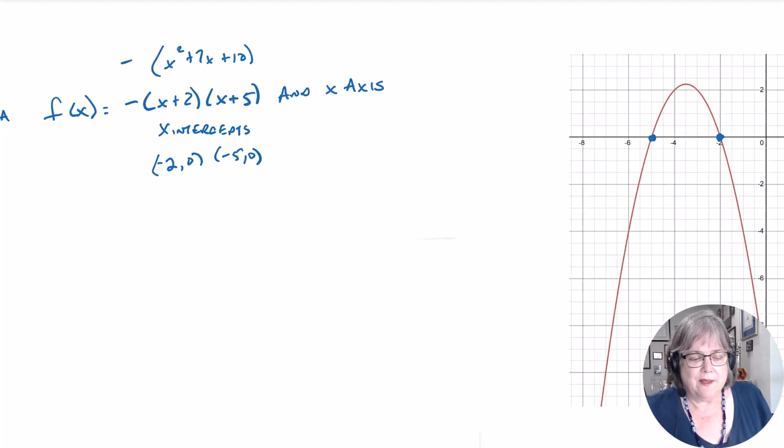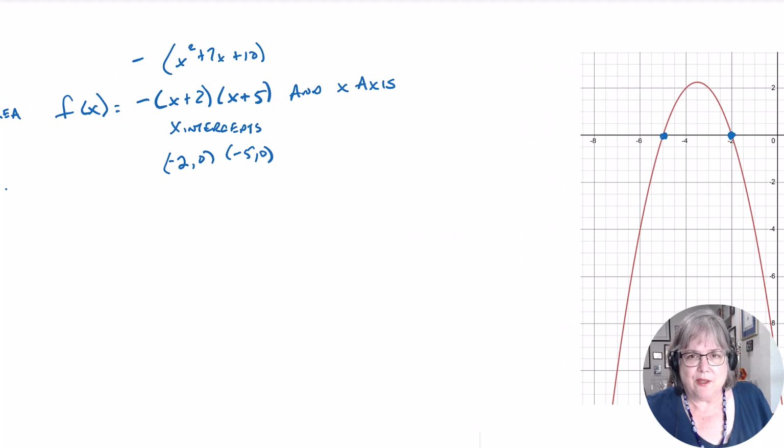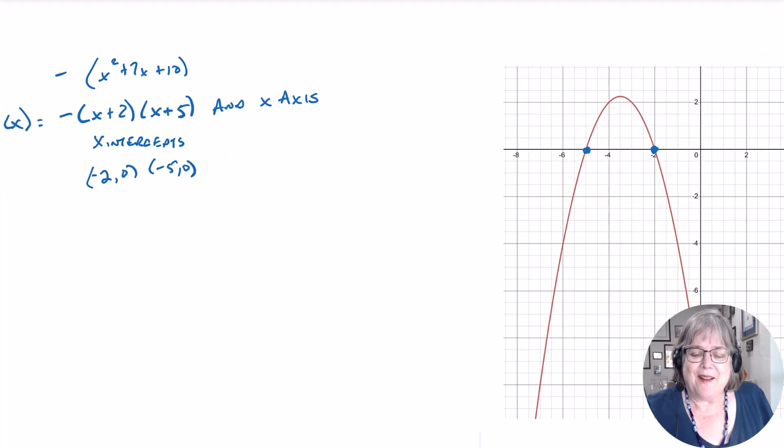Now, if it says find the area between this function and the x-axis, well, okay. Now, there's some alternatives here, right? We could find this area right there. We could find the area between the x-axis and this part of it. You would not find the area there because it's not bounded, right? It's not enclosed. This is sort of enclosed.